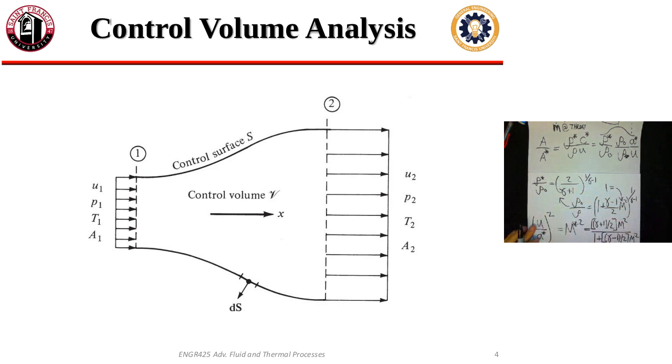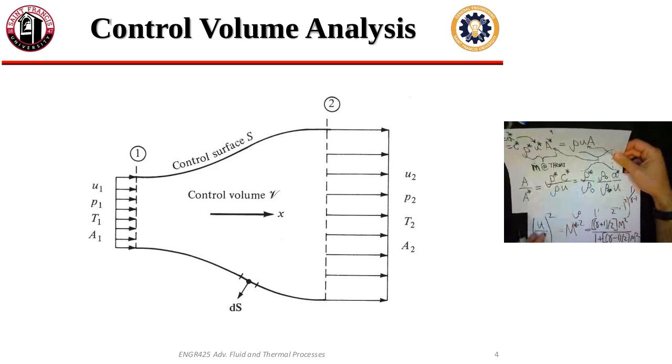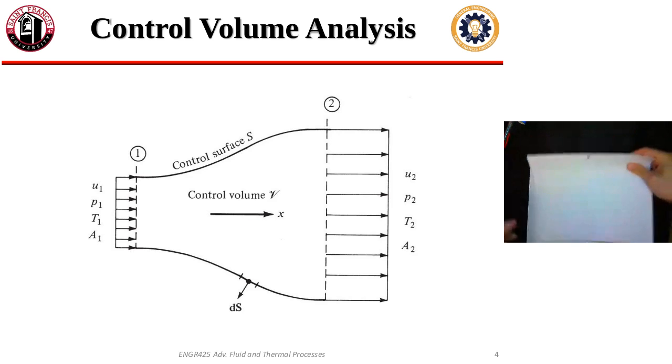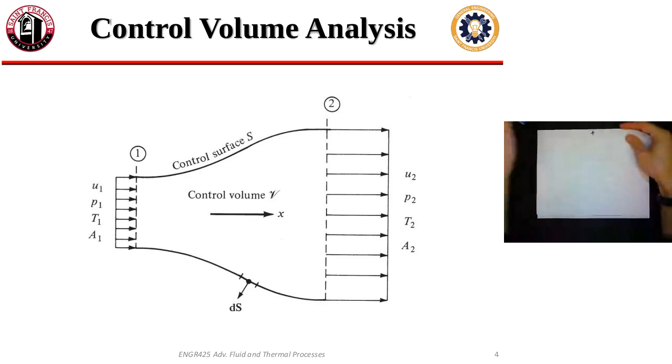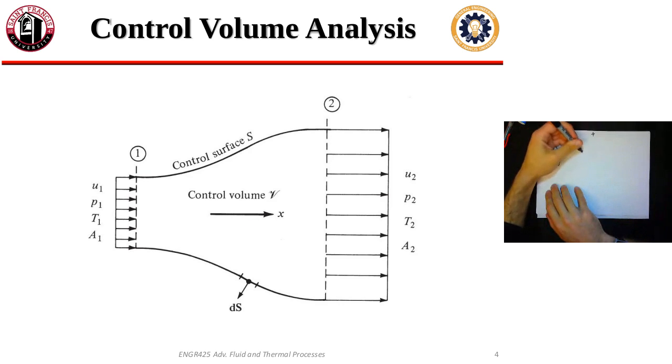we put all these together, and we can get something that looks an awful lot like this, if we simplify it down.